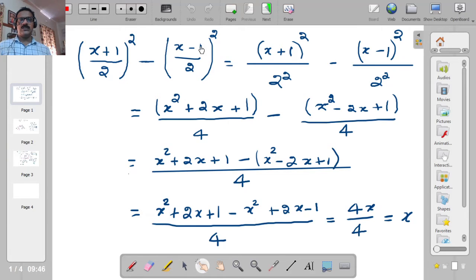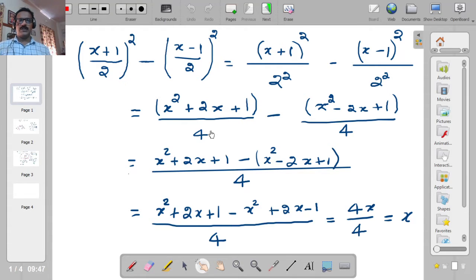Similarly, (x minus 1 upon 2) the whole squared can be written as (x minus 1) the whole squared upon 2 to the power 2.